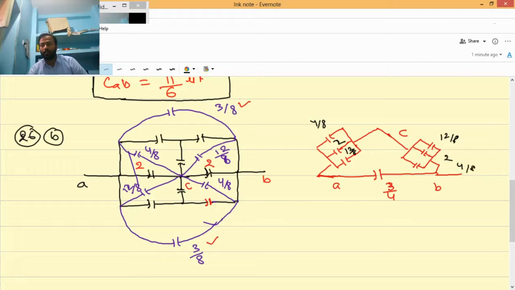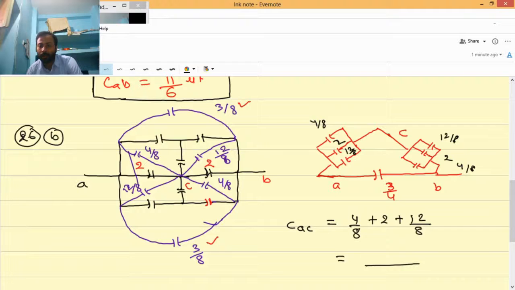So the same values are there. So we only need to evaluate one term, and we will get the other term the same. So the capacitance between A to C will be 4 by 8 plus 2 plus 12 by 8.